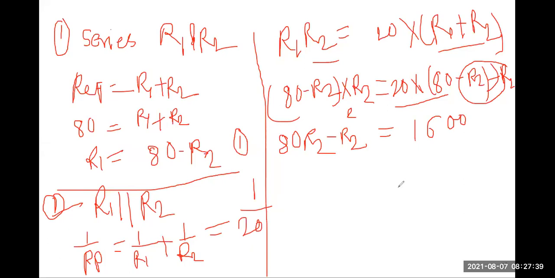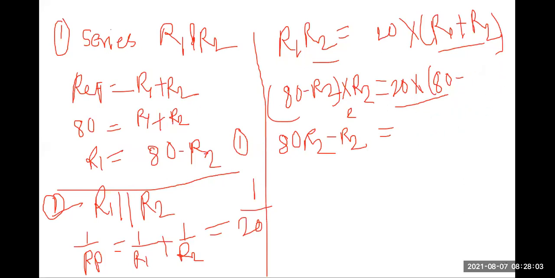Yes, sir. Now what will we write? Here R2 square is there: 80 R2 minus R2 square is equal to 1600. Okay, one more thing: suppose some student did not get it, I am going to take it here.